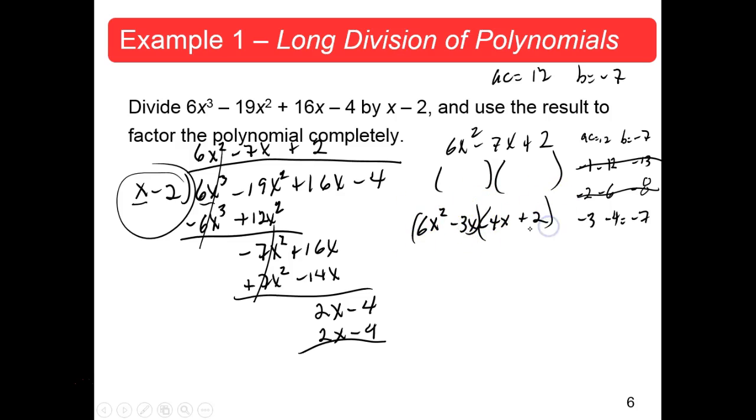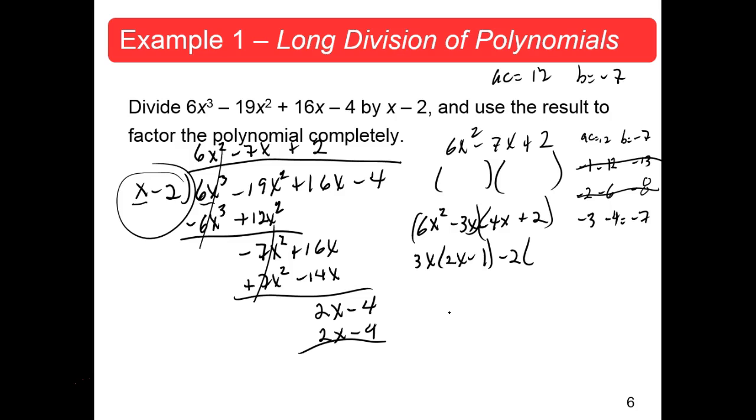Now, are there any common factors in the first group? 3x. What's left? 2x minus 1. Is that what I heard? Say yes? Okay, good. In the second group, are there any common factors? A negative 2.